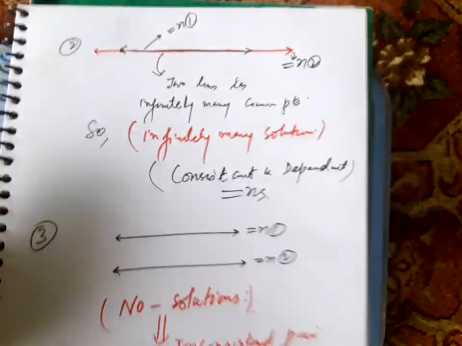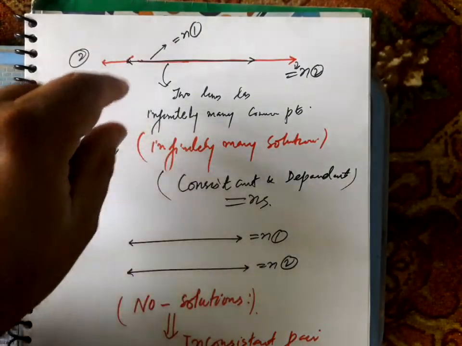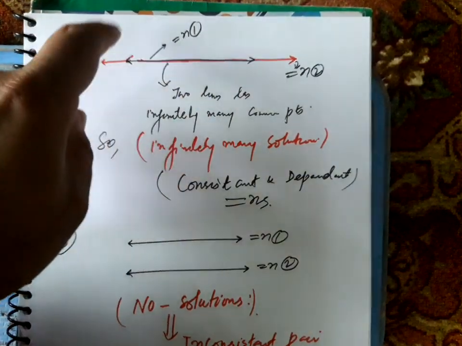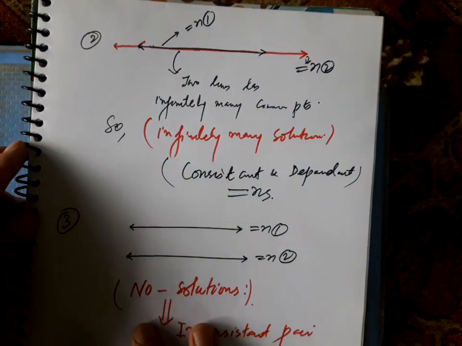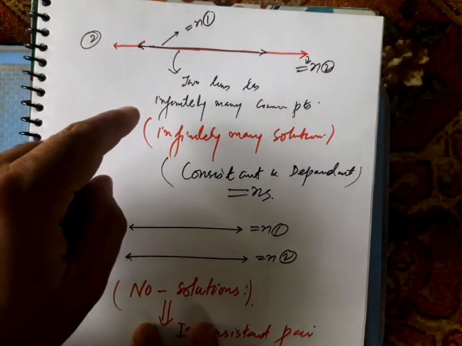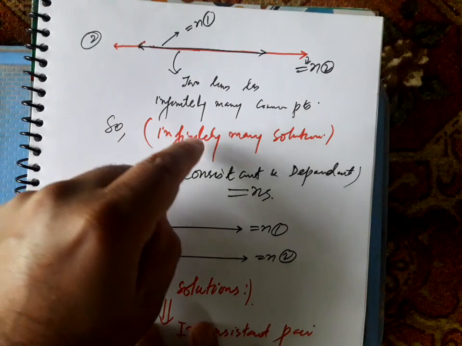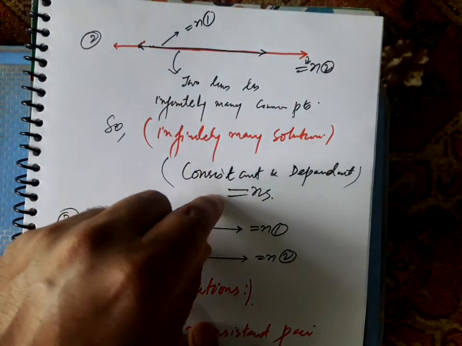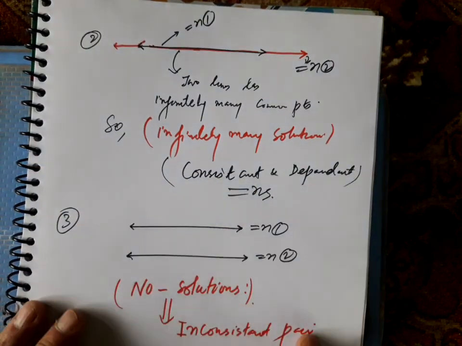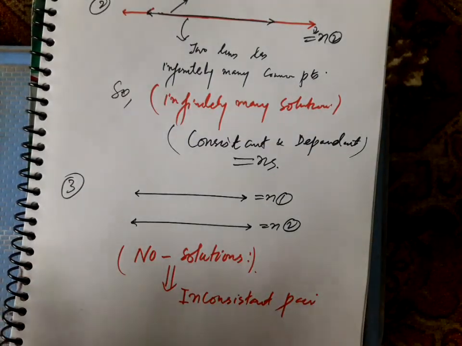Number 2, if the graphs of the equations coincide, we will have infinitely many solutions, and the equations are said to be consistent and dependent. In the third case, if the graphs of the equations are parallel, then they will not meet at any point, so they will have no solution, and the pair is said to be an inconsistent pair.